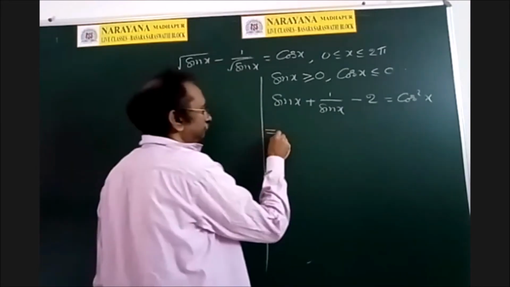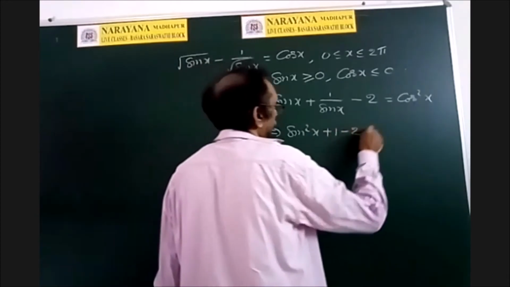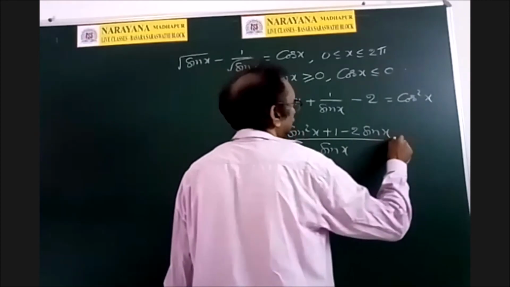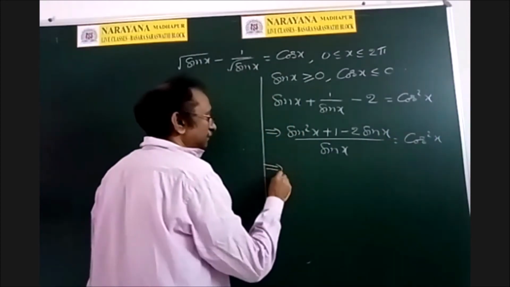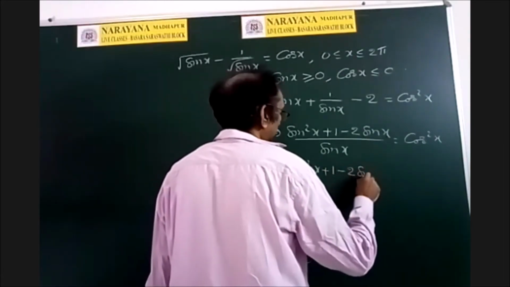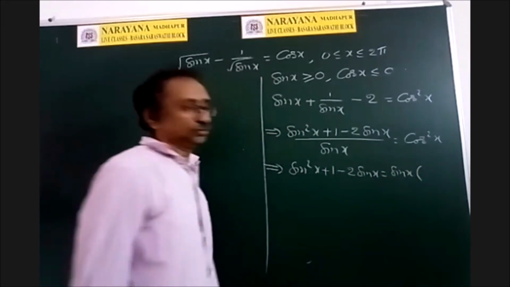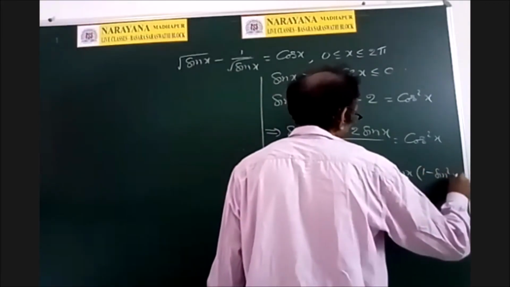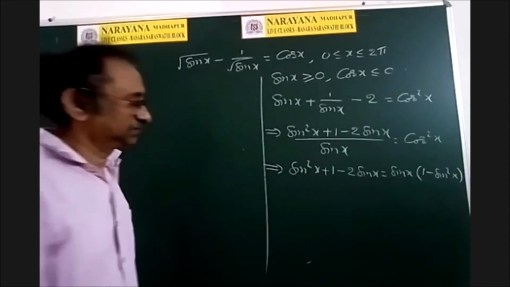So next step, this is sin square x plus 1 minus 2 sin x whole by sin x is equal to cos square x. So sin square x plus 1 minus 2 sin x is equal to, by cross multiplication, sin x into, in place of cos square x, I can write 1 minus sin square x, because all terms are in sin x only.